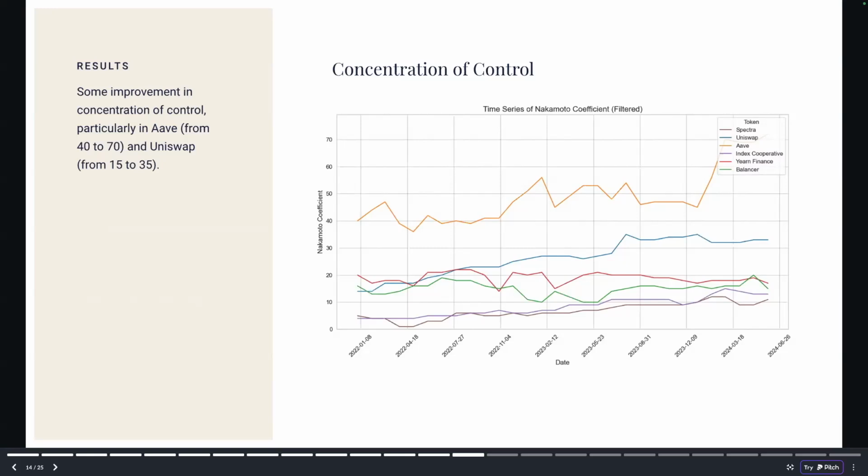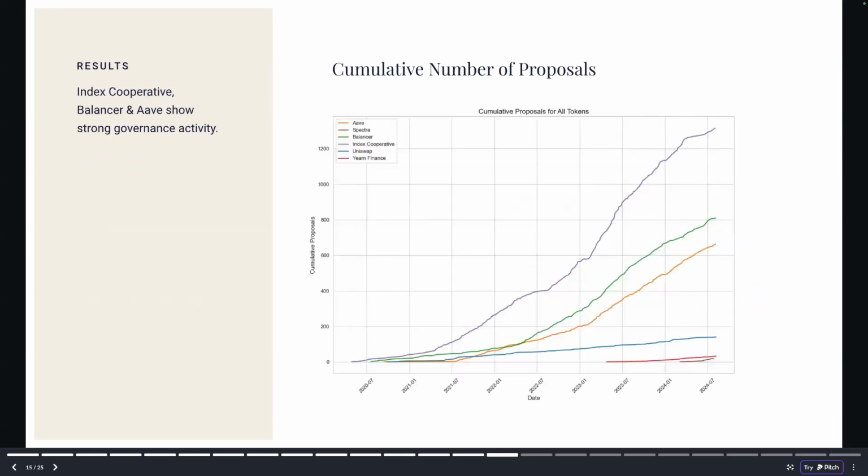And as we can see, it seems that the bigger protocols here are improving the concentration metrics better than the smaller protocols. So the smaller protocols are way more centralized in the aspect of asset concentration. Did that answer your question?